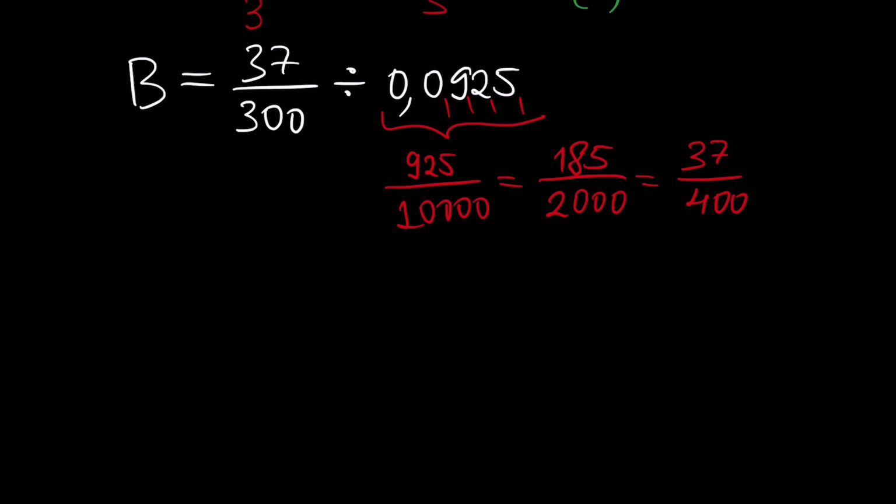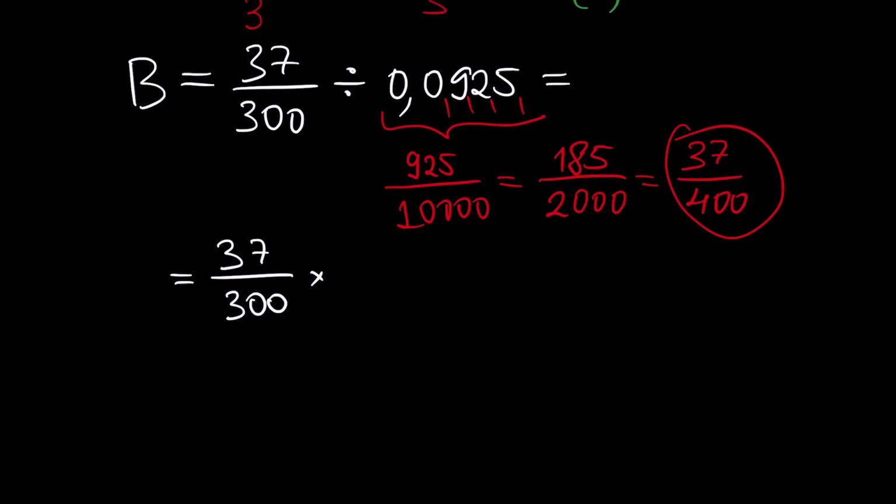And let's rewrite our B. It will be 37 over 300 divided by this number, but we can transform our division into multiplication and interchange numerator and denominator of our number.